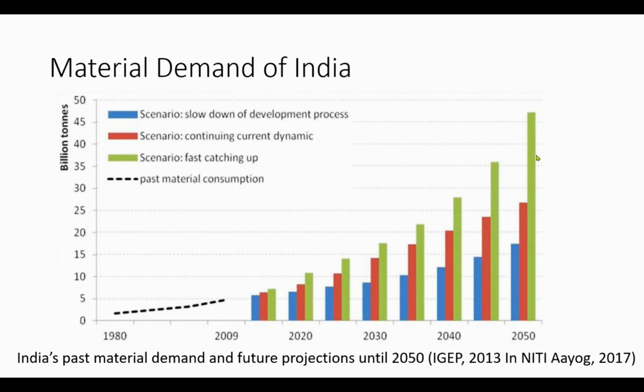Based on that, whatever data we saw previously in our previous PPTs, we can identify that yes, this is the connecting slide. As per our previous data and this graph, material demand is increasing day by day. As per that, different types of waste are increasing, and because of that, the environment is polluting very badly, right?